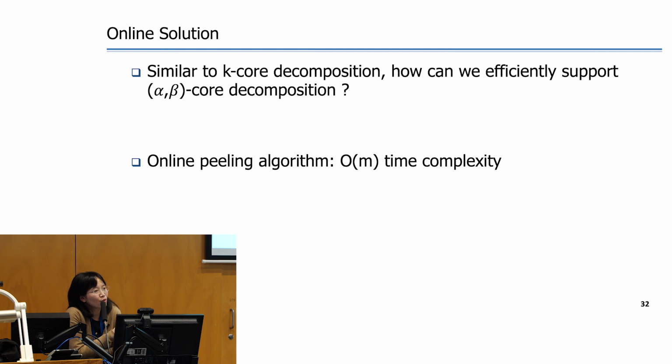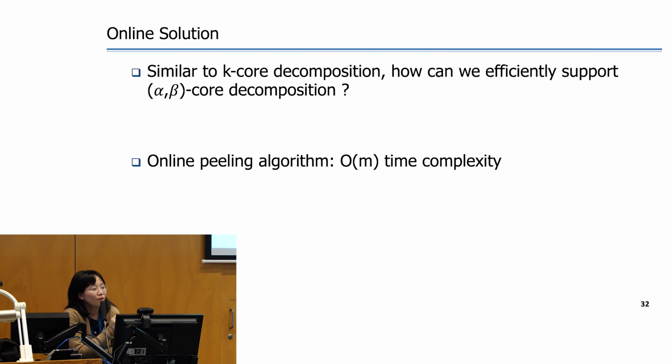In a unipartite graph, the degree constraint is imposed uniformly on all the vertices because it has only one type of vertices. In a bipartite graph, there are two types of vertices, and sometimes they have different semantic meanings. So to adapt, we can simply impose different degree constraints on these two types of vertices.